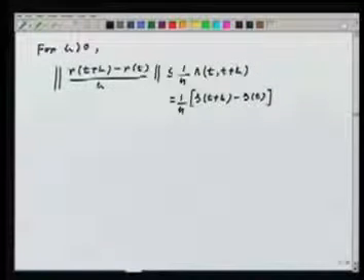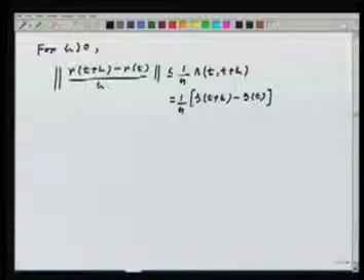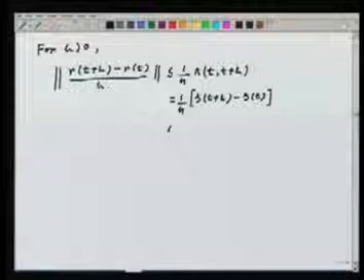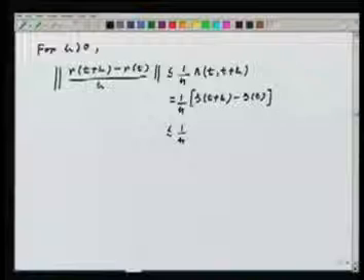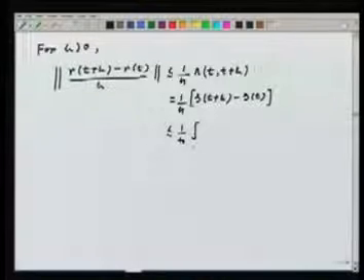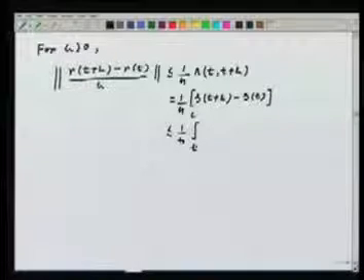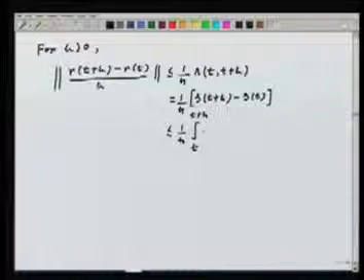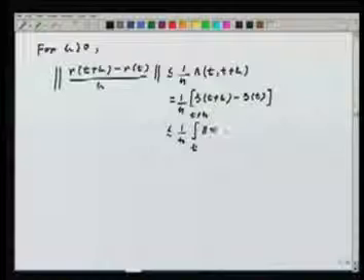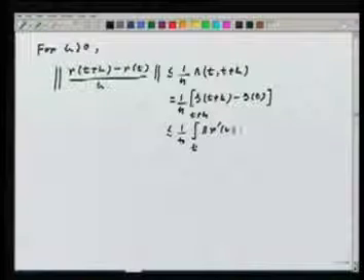Now I have already proved that this lambda(t+h) is less or equal to, this 1 by h is just a factor, integral t to t+h norm r prime(u) du.